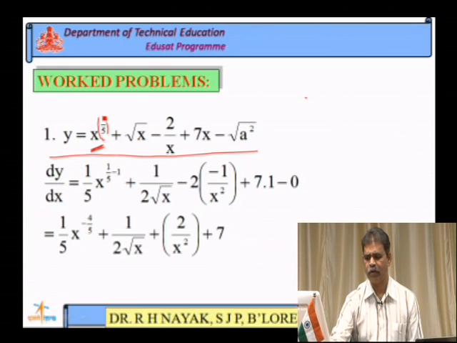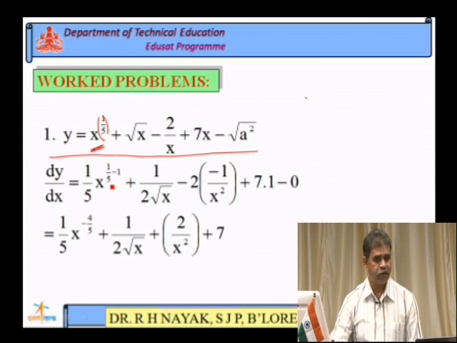1 by 5 into x to the power of n minus 1, plus what is the derivative of root x? Differentiation of root x is 1 by 2 root x. I have written 1 by 2 root x. Minus 2 is constant, we have kept as it is.